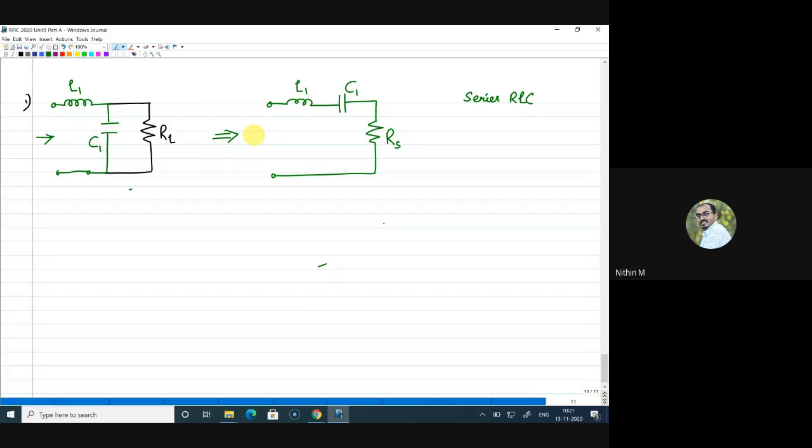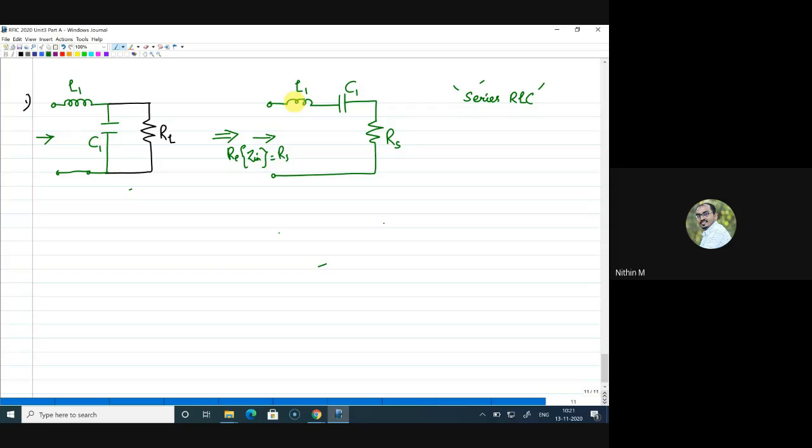Sure, Nikhil, I'm coming to that. I can do that only with a numerical value. So what I'm trying to say here is, now when I converted, what you have is a series RLC network. My requirement is to transform my impedance into a lower value. That means the real part of impedance seen from this node should be only RS, right?